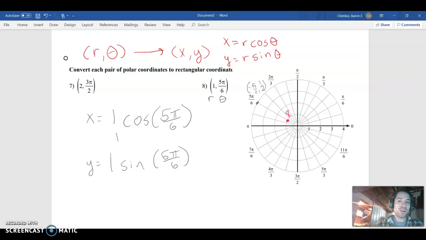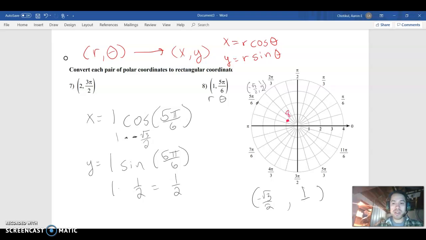So this is 1 times negative root 3 over 2, and this is negative. So that means our x value is going to be negative root 3 over 2. And our y value is 1 times the y value, which is 1/2.